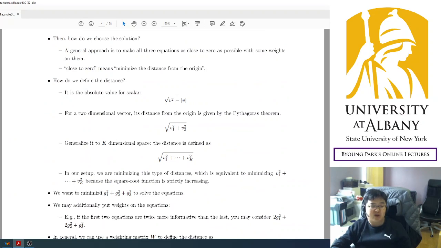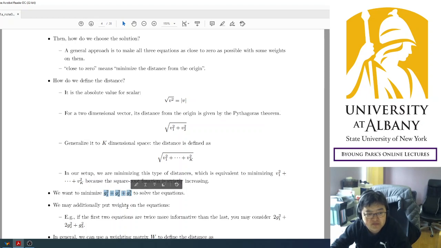So as I said, we are going to minimize something like this. But this is not general enough. So we are going to generalize one more step. This minimization puts the equal weight, the same weight, on G1, G2, and G3.